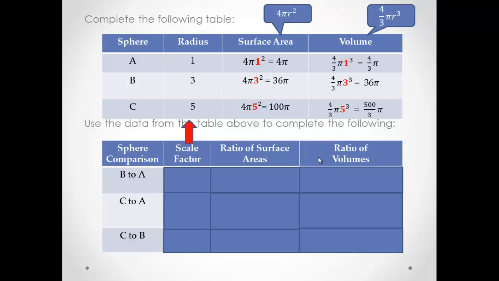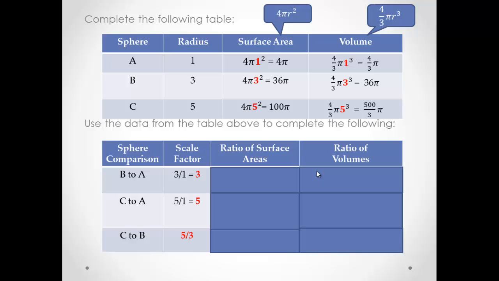Scale factor is, if we compare B to A, simply 3 to 1, the scale factor is 3. C to A, 5 to 1, it is 5, and C to B is 5 to 3. And we'll just leave it at that. It doesn't get rounded up or down. Leave it in the form of a fraction.